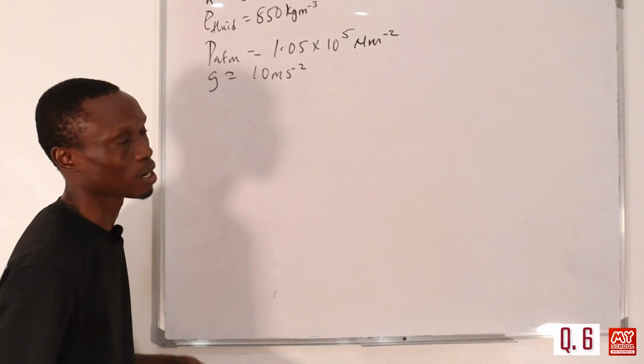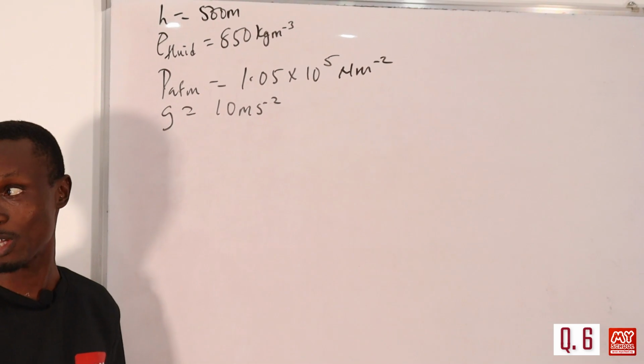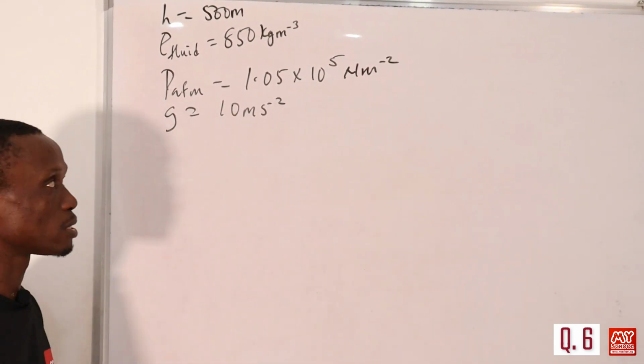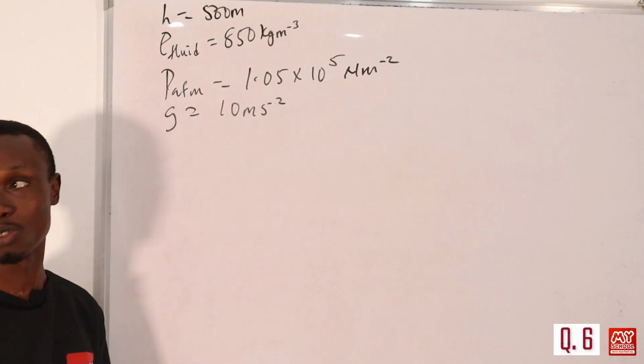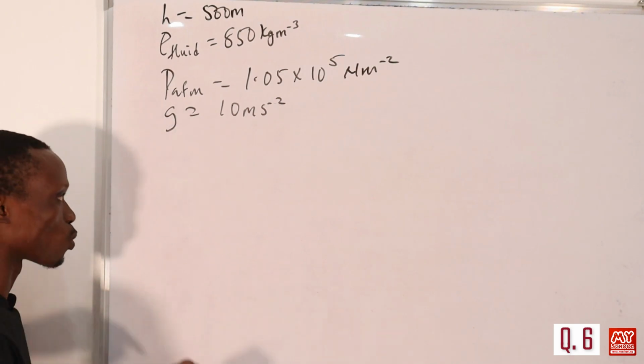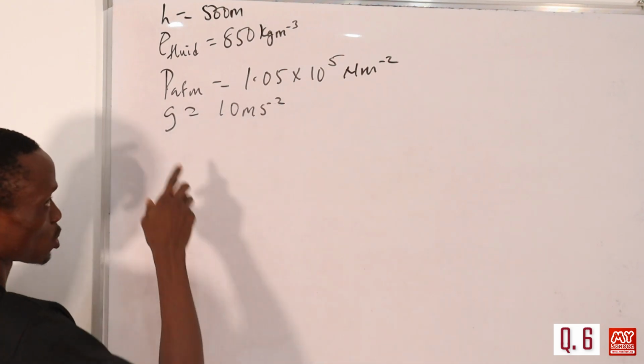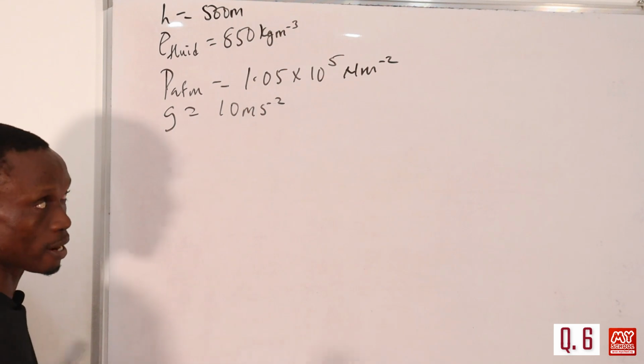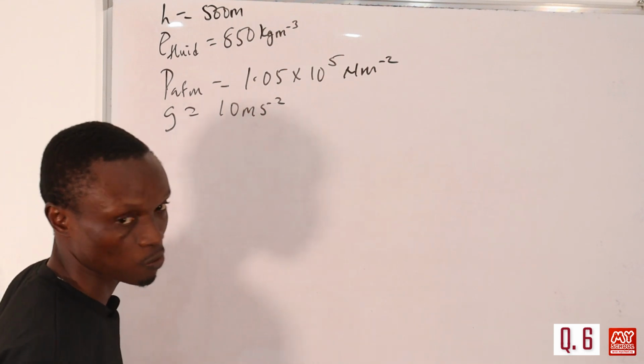To calculate the pressure at the bottom of the reservoir, the pressure at the bottom is equal to the sum of the atmospheric pressure plus the pressure due to the height, or depth, of the fluid.